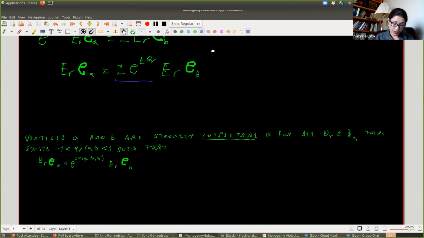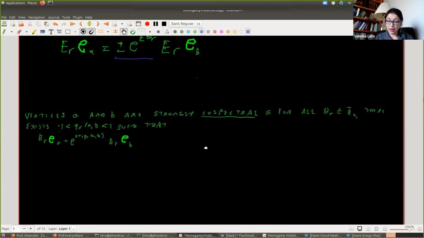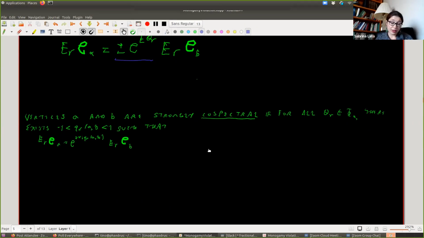So we say that vertices A and B are strongly cospectral if for all eigenvalues that are in the eigenvalue support, there exists some number QR of AB, which is between -1 and 1, such that, essentially, they differ by this complex number of norm 1.